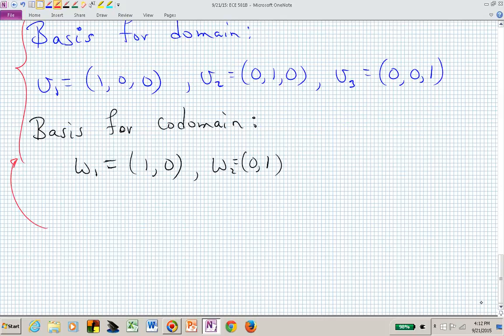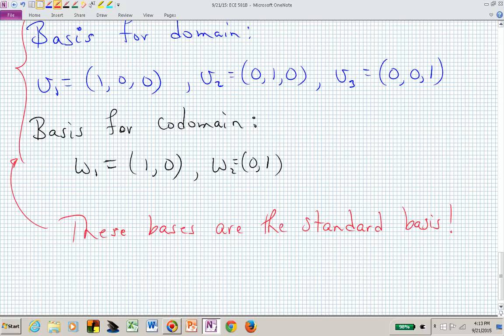These two sets of bases should look very generic. They're called the standard basis. These bases are the standard basis, and typically if we don't mention a set of basis, we're implicitly assuming this kind of basis structure.